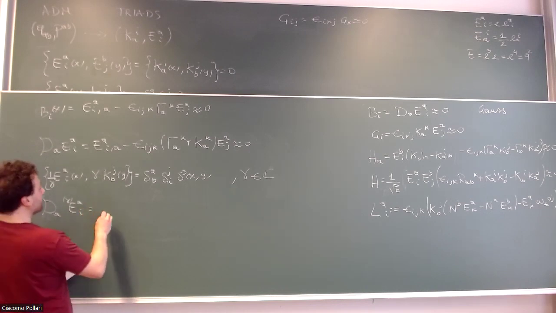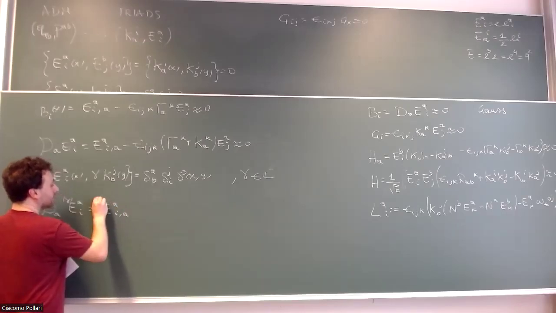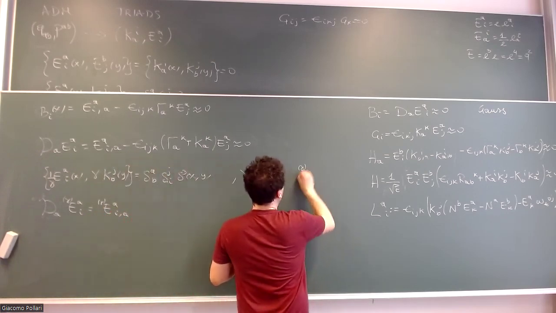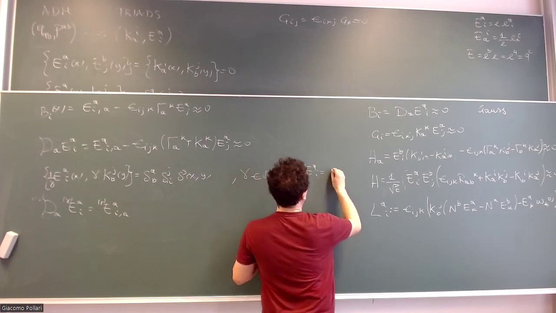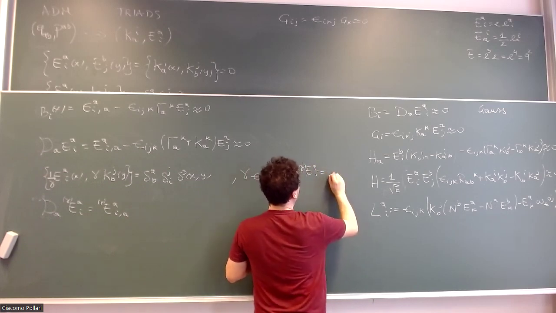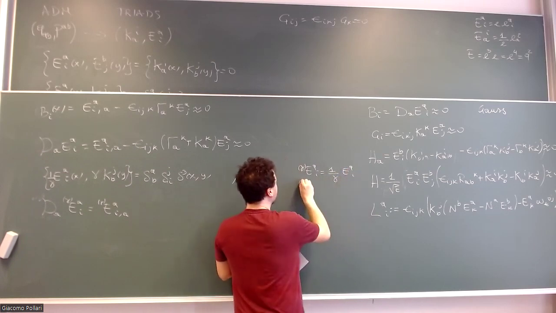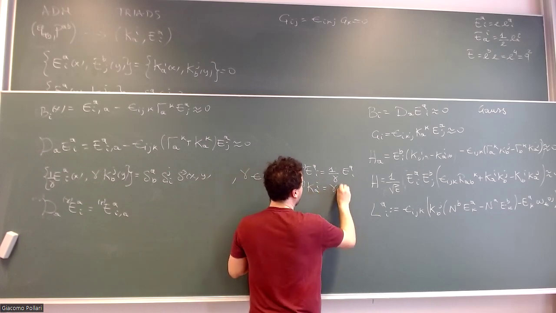So this one we can write like this. We call this one over gamma, gamma.